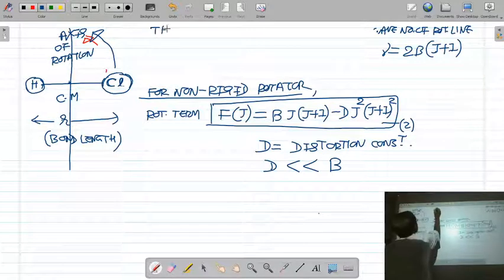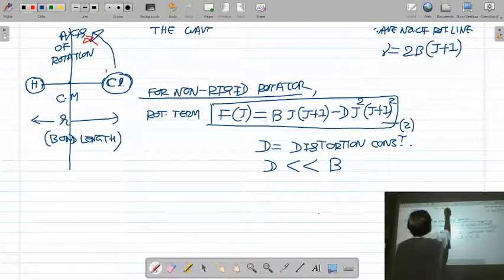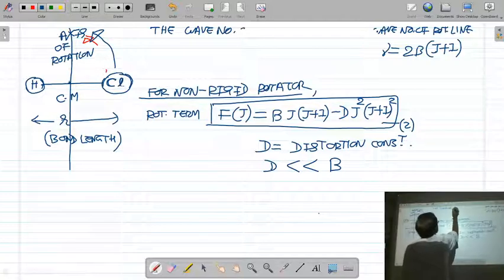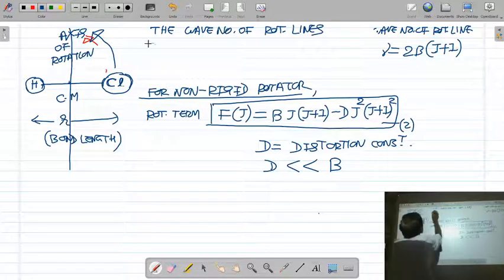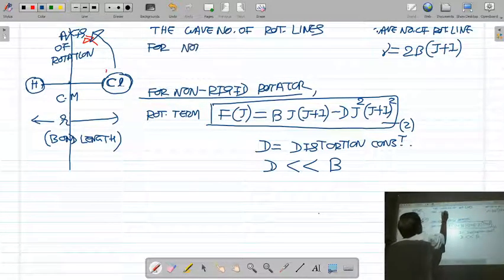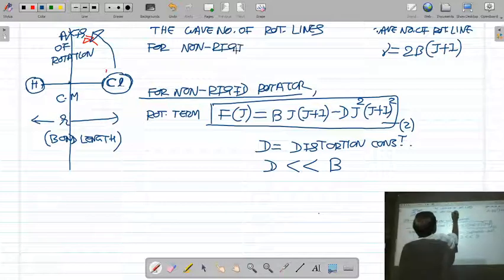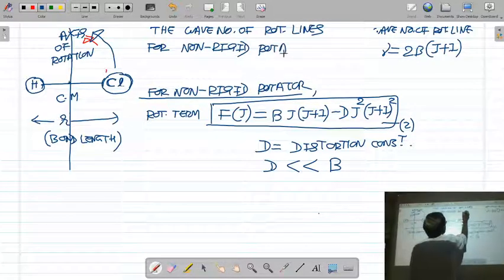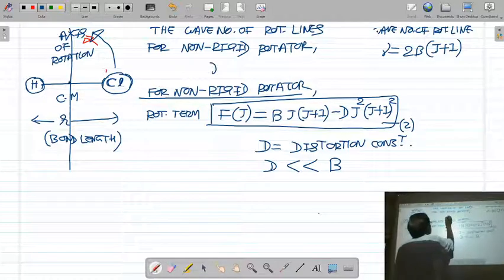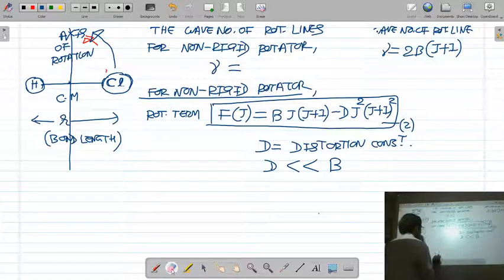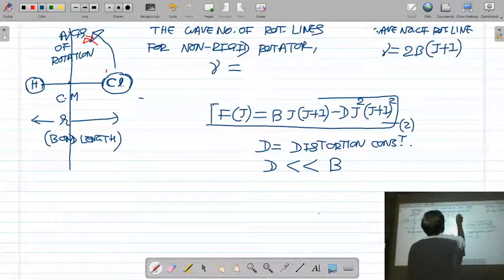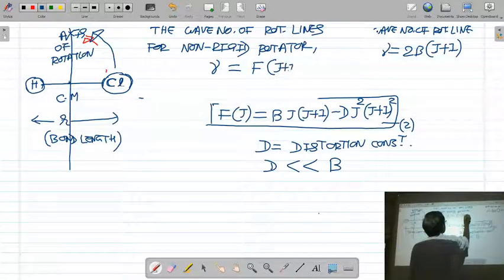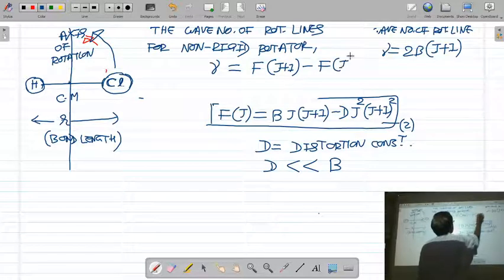The wave number of rotational lines for a non-rigid rotator is given by F(J+1) minus F(J).